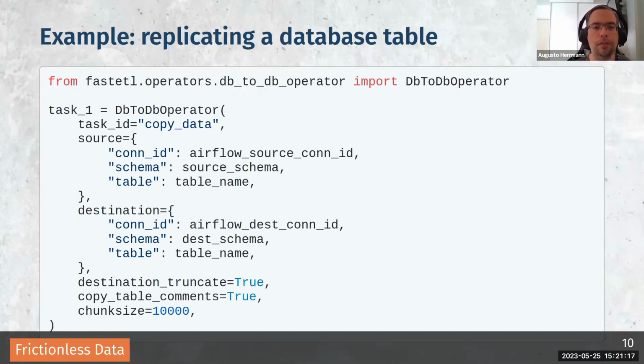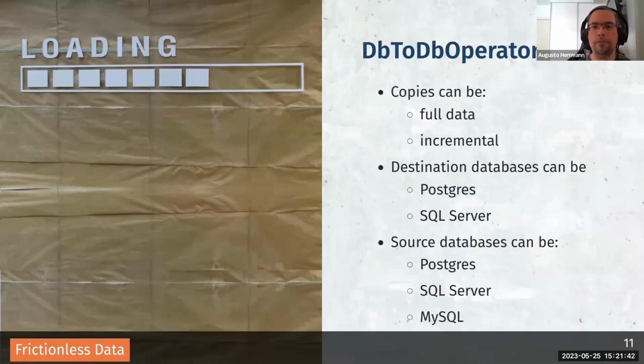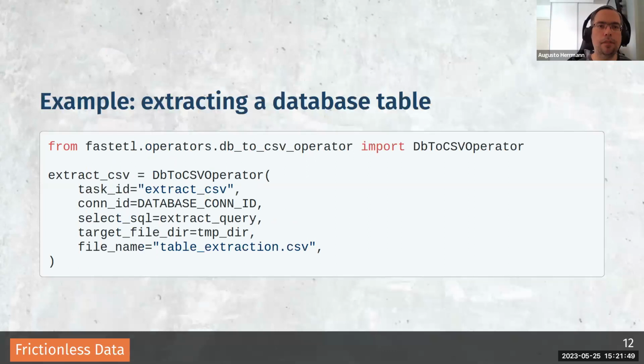Some optional things: if you want to copy the table comments or table description, or column descriptions, and that has a lot to do with table schema in Frictionless. We'll see that later as well. And how many chunks the job should divide the reading and writing of data. So that's what's supported in the DB2DB operator.